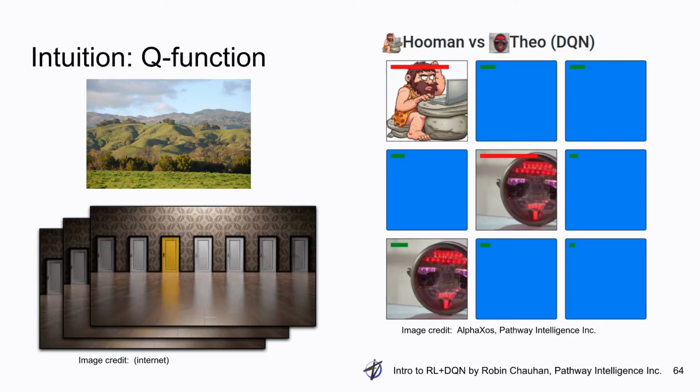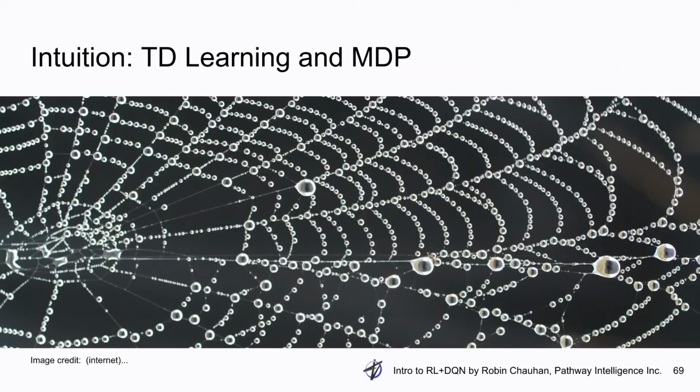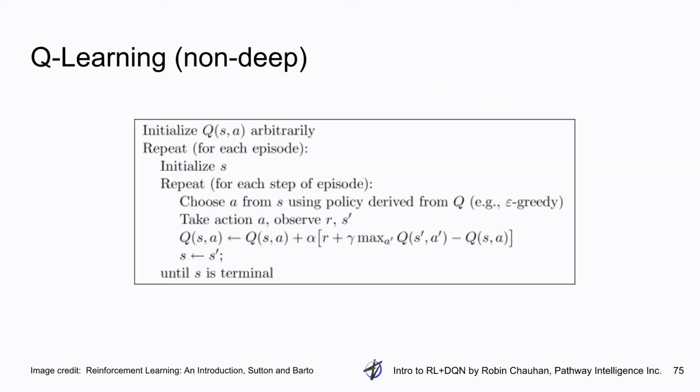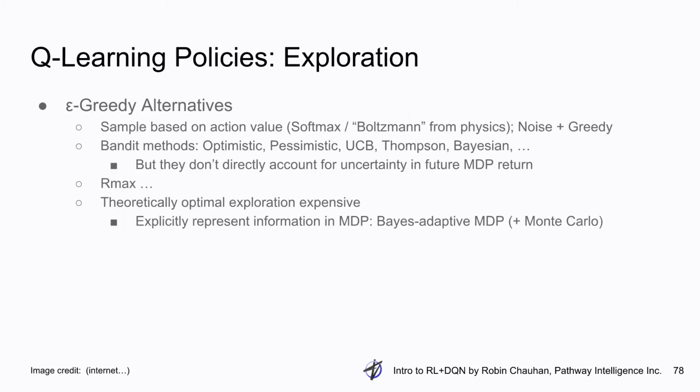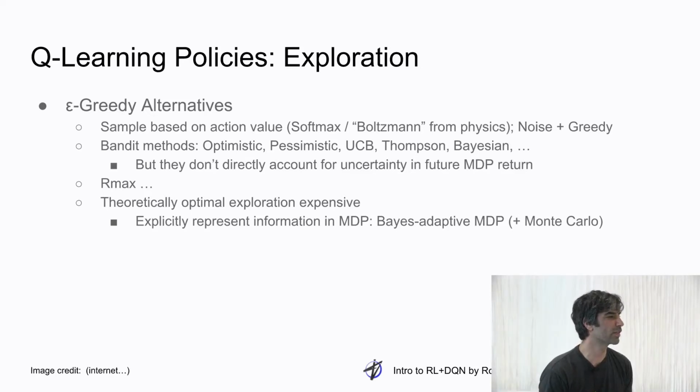You understand the components, and then you combine them as you need for your particular problem. Okay, so epsilon greedy is the simple way of exploring. It's actually what DeepMind used in the real DQN, so it can be used.